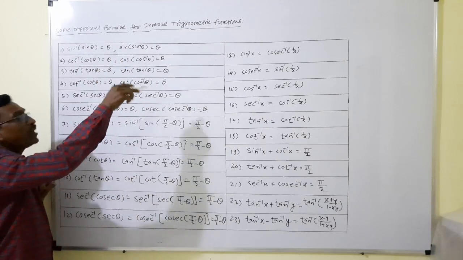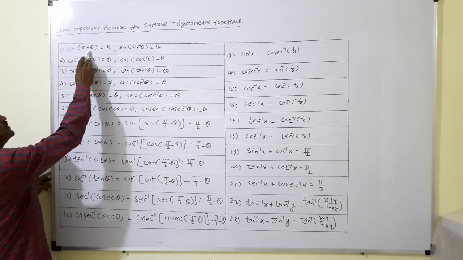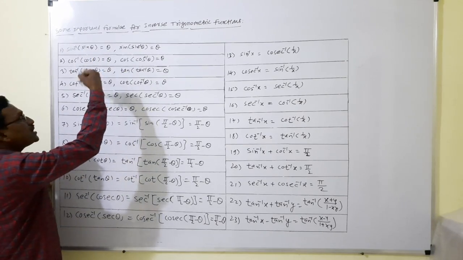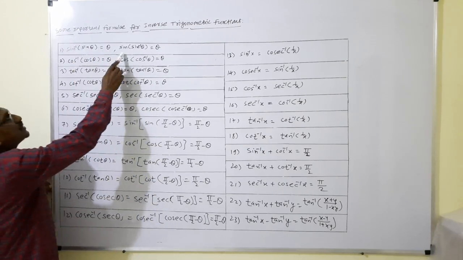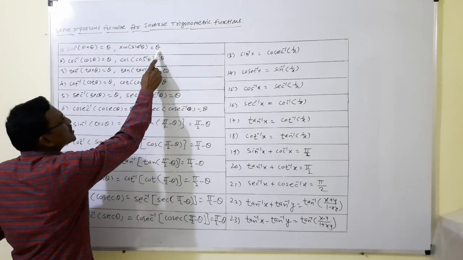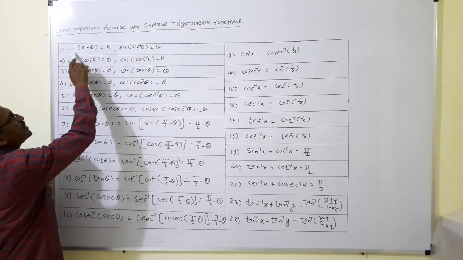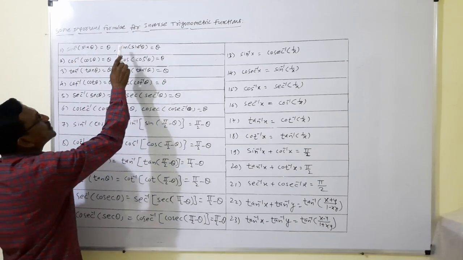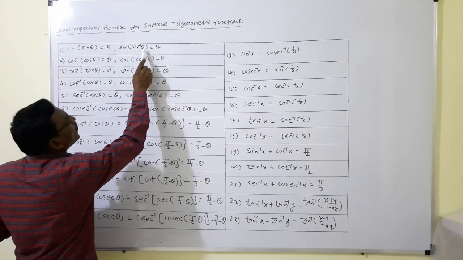Whenever in our example there is sine inverse of sine, it is only the angle of this sine, theta. Also sine of sine inverse theta is theta. It is only the angle of this bracket.